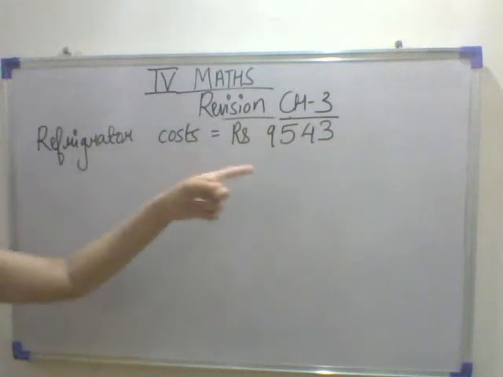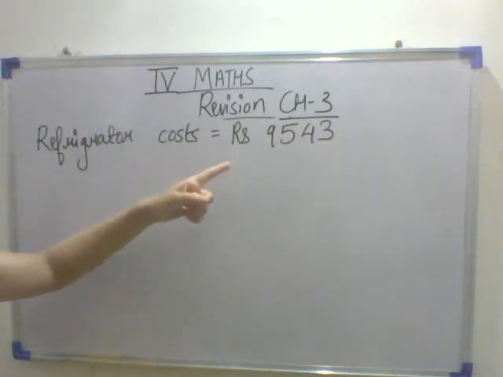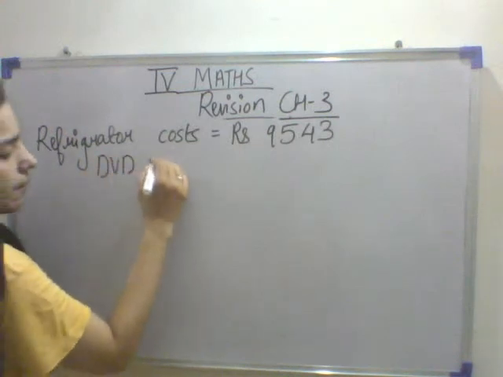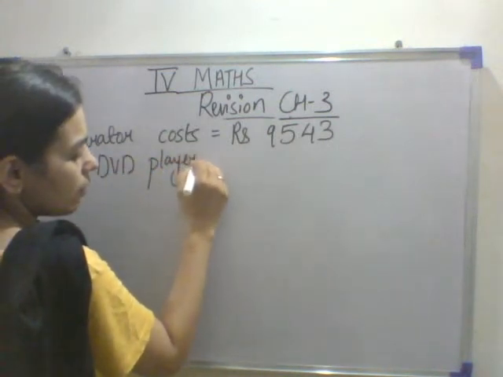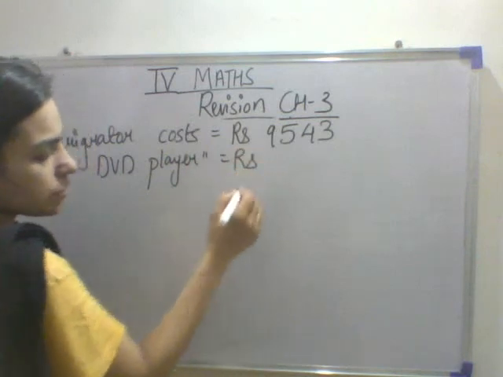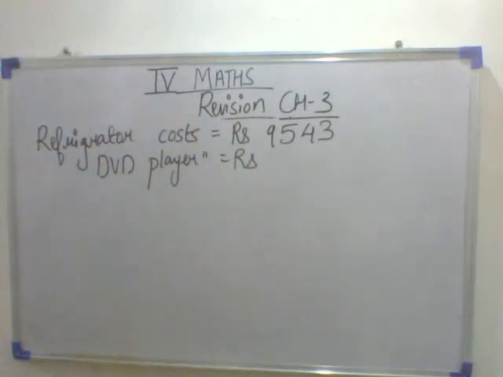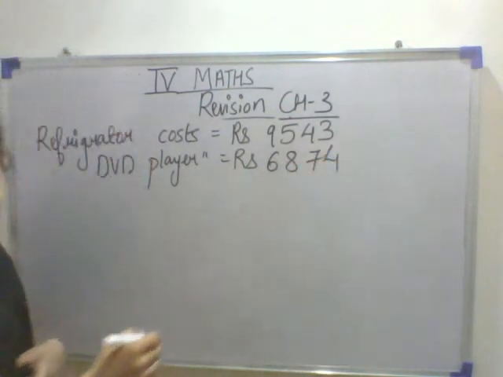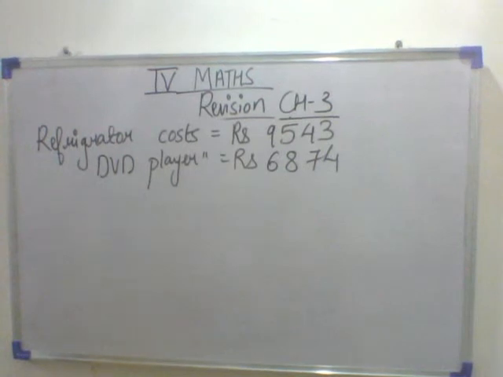This is the cost of the refrigerator. And the DVD player cost is also given. The cost of the DVD player is rupees 6,874. Which costs more and by how much? You have to find which costs more and by how much.